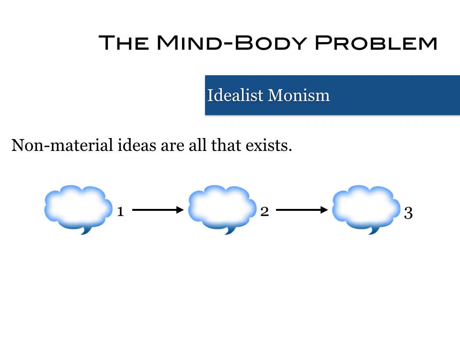The experiences that we have of a brain, of the material world around us, those are simply an illusion. In materialist monism, the experiences that we have of the mental world are simply an illusion. All that exists are brain states. Well, for the idealists, the material world is actually what the illusion is. All we have are mental states.